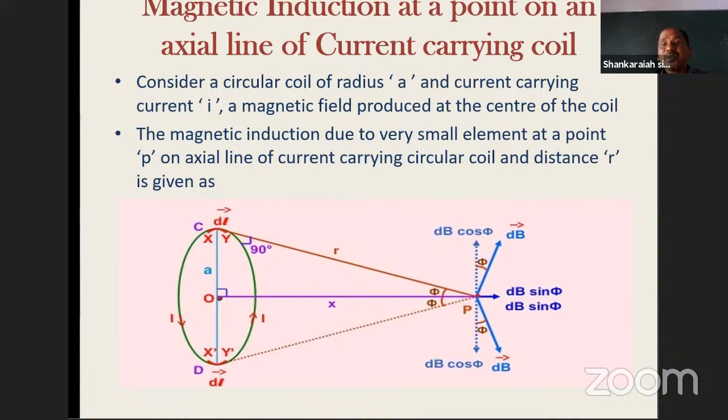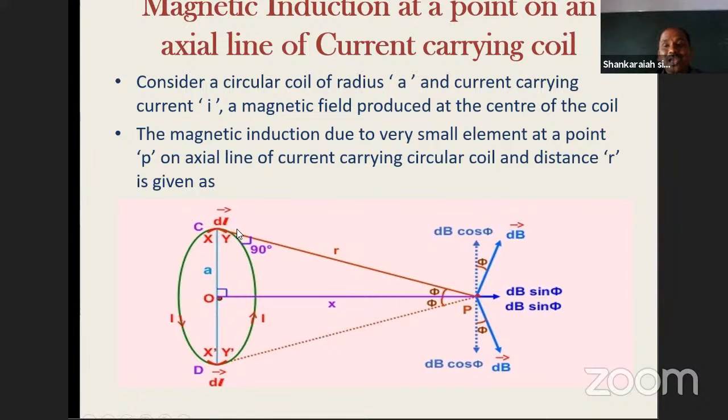Why? dB is a vector quantity according to the vector product: the cross product of two vectors gives a vector. Which vectors? dl bar is a vector, the length of the element.